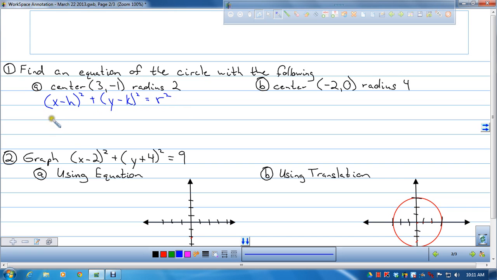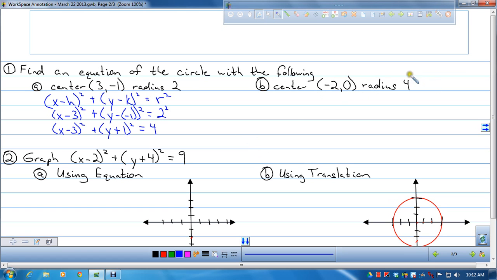So plugging those values in, we get (x minus 3) squared plus (y minus a negative 1), all that quantity squared, equals 2 squared. And I've just plugged in for the h, I've plugged in for the k, and I've plugged in for r. Okay, now simplifying, (x minus 3) squared plus (y plus 1) squared equals 4. Okay.